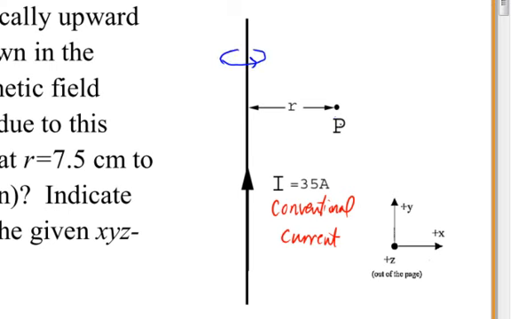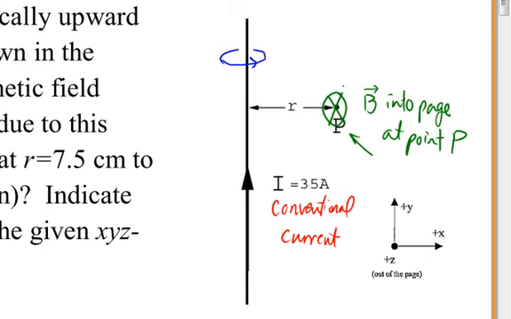Now I'm interested in that direction at point P. Point P is right over here, which is to the right of the wire, and I want to know at that point in this XYZ coordinate system what the direction of the magnetic field is. Well, if I look at my magnetic field lines, I'm going to see that at this particular point, the direction of the magnetic field is into the page. That means it's going to be in the minus Z direction.